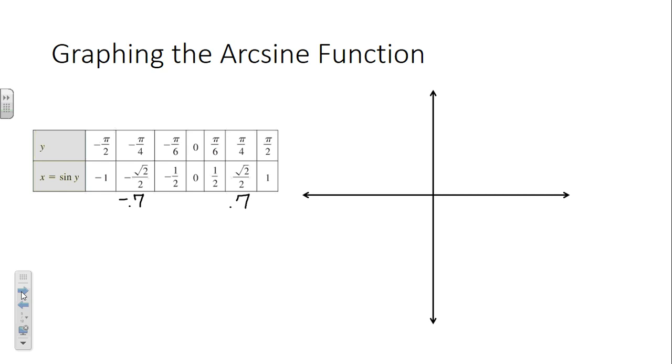Okay. And now our y values are going to be the radian axis. The y-axis is the radian axis for the arcsine or arccosine or arctangent. So we'll need to have a negative pi over 2 to a positive pi over 2.